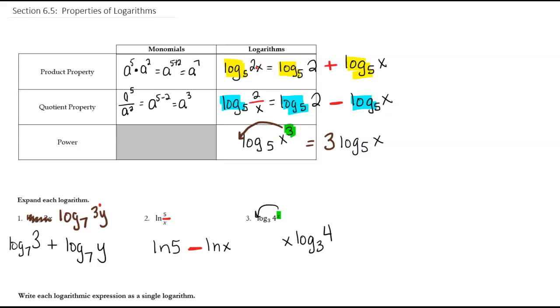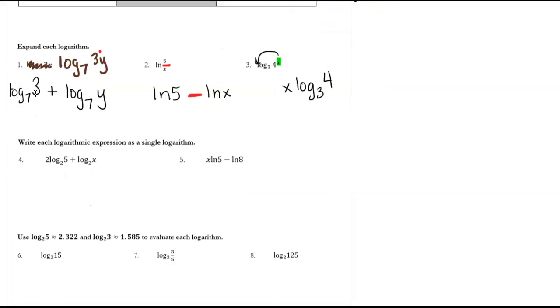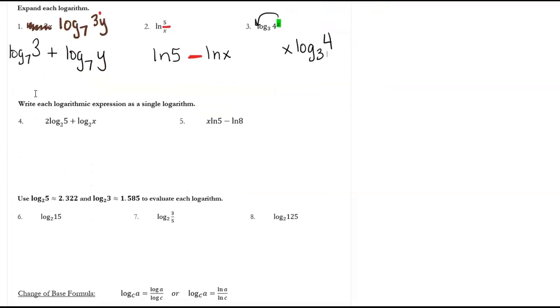And that's it. Okay, when we look at the next type of examples, what we're going to do is we're working backwards. Okay, you see there's a 2 in front, so that means it has to come to the exponent. And you see a plus sign here, so a plus sign means that I'm going to be timesing. So I'm just going to have the one log, because remember our base stays the same.